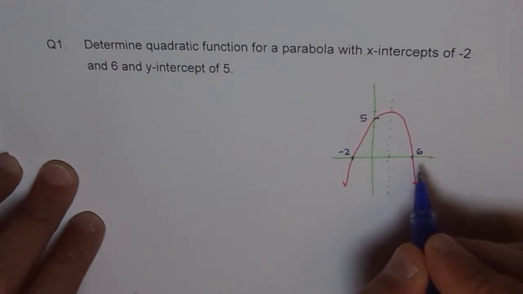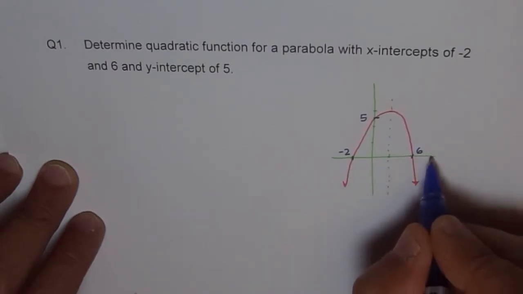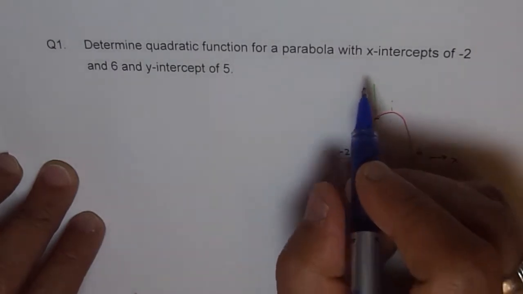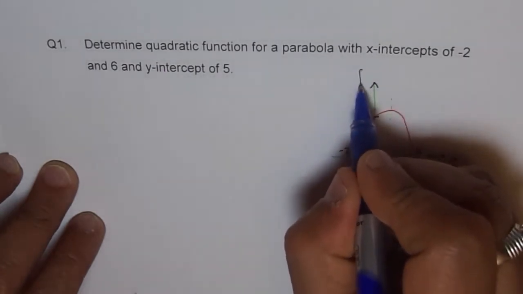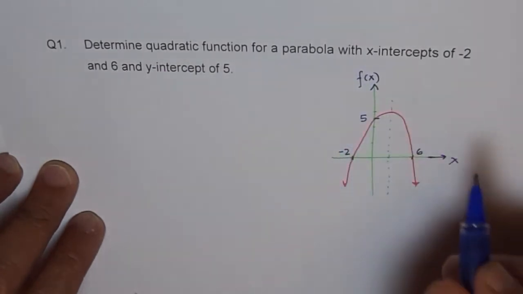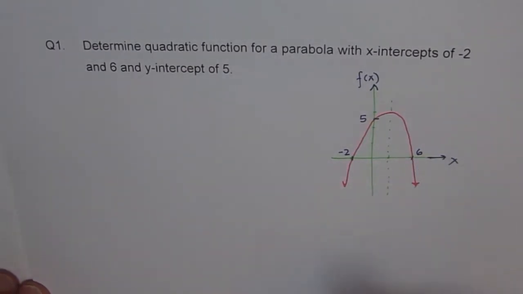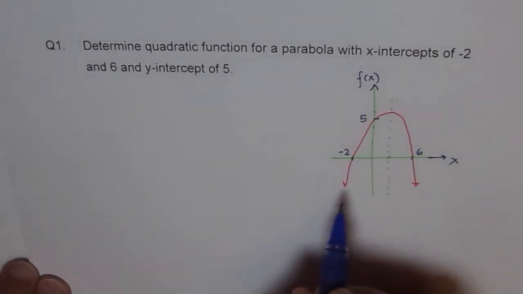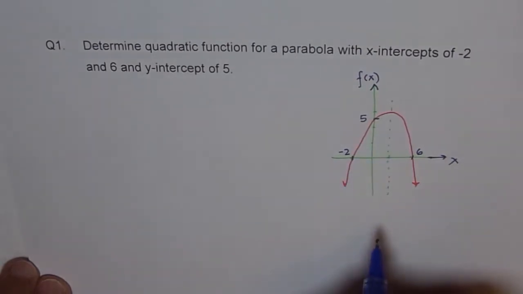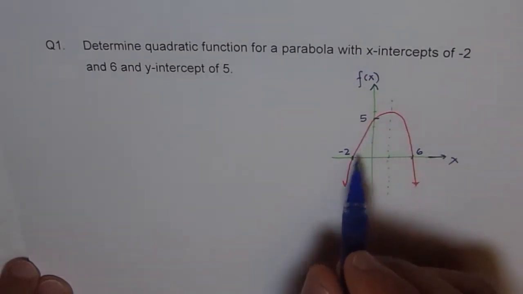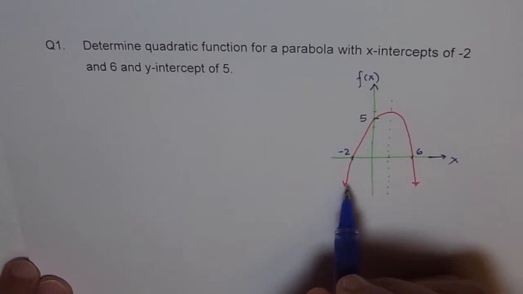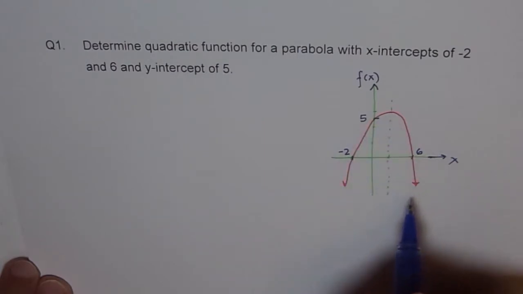Normally these values should be written below the x-axis, but we're taking liberties. This is f of x, the quadratic function, a very rough sketch. We will now try to find the equation of this parabola. You should expect a to be negative because it opens downwards, right?